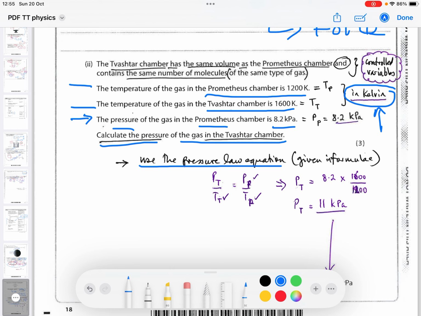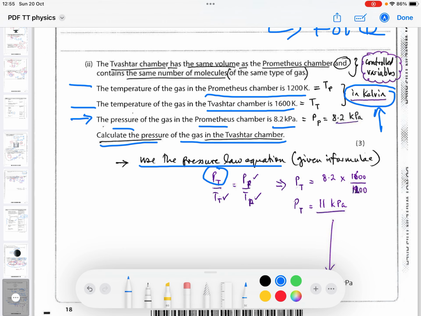So the pressure of Tvashtar divided by the temperature of Tvashtar should be the same ratio as the pressure and the temperature in Prometheus. So you would do P1 over T1 equals P2 over T2. I've changed the 1 into T and the 2 into P to represent the two chambers. And if you do that, your final answer you want to work out is the pressure of Tvashtar.